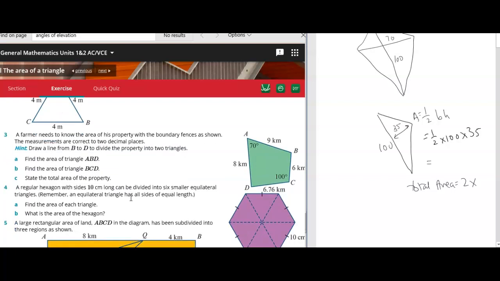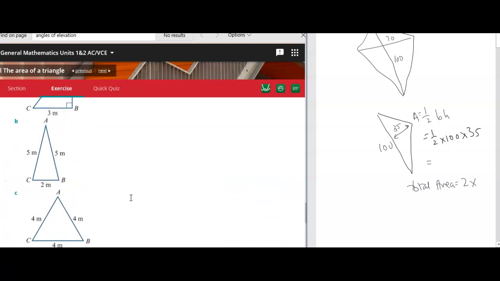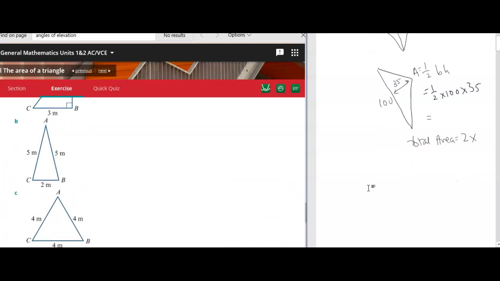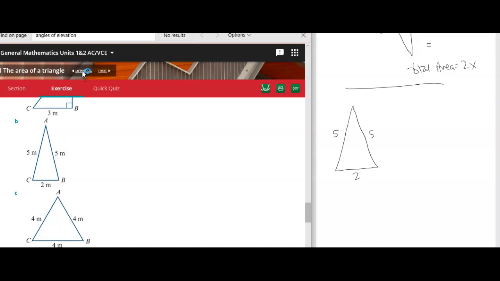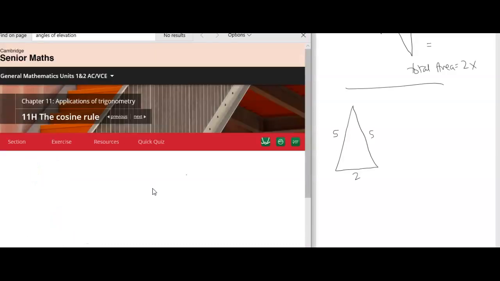I'll do one question using Heron's formula because I don't want to assume that you're okay with that. So let's draw our triangle. With Heron's formula, let's go back so I'm copying it correctly.